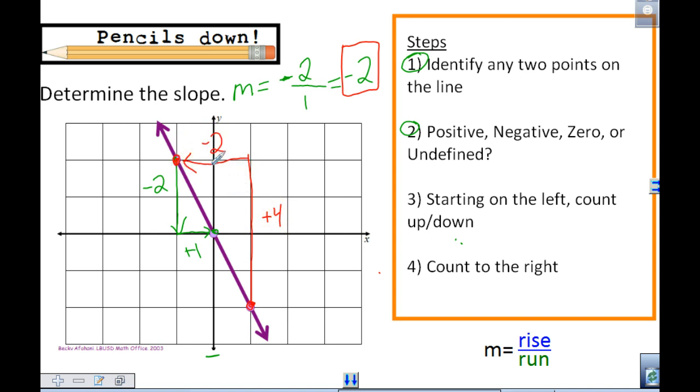Left is negative 2, so we have m equals 4 over negative 2, which equals negative 2. 4 divided by negative 2. It's fine. Just leave it as that. We'll get to those more.